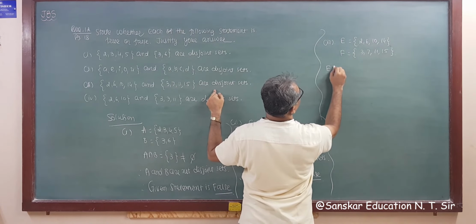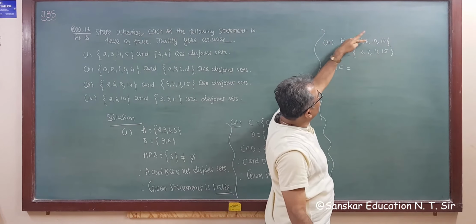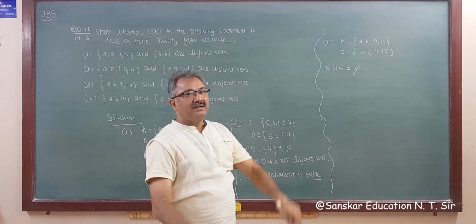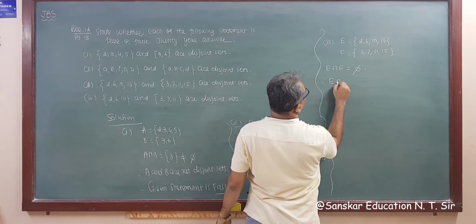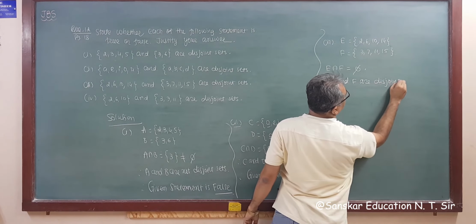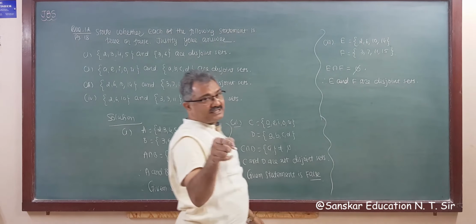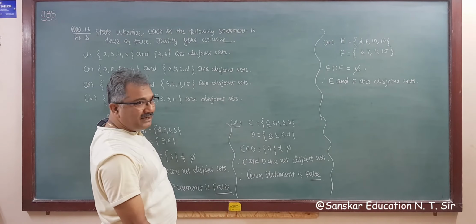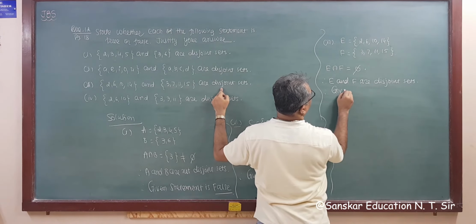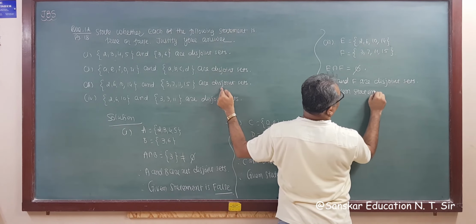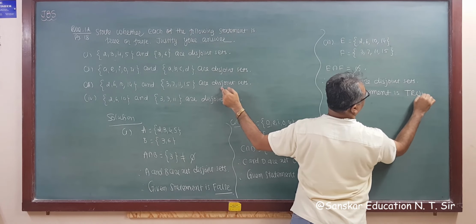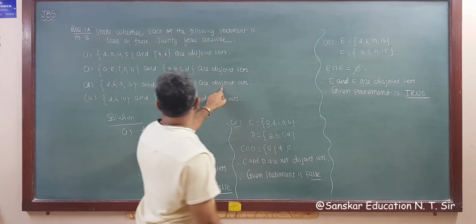So E intersection F is equal to: 2, no; 6, no; 10, no; 14, no. So this is the empty set. It means E and F are disjoint sets. And what is given in the statement? That E and F are disjoint sets. So the given statement is true, right?